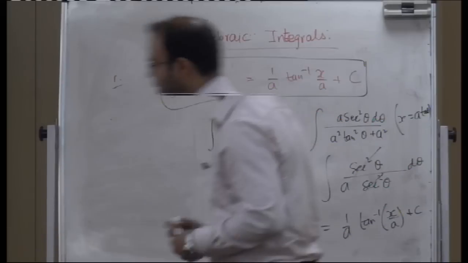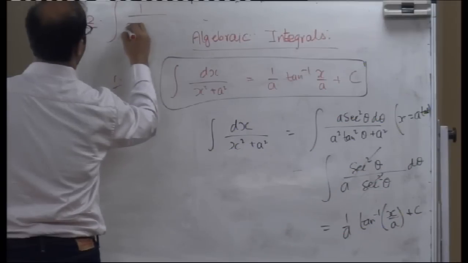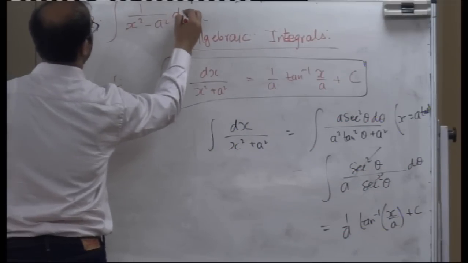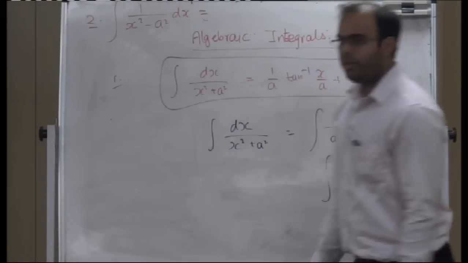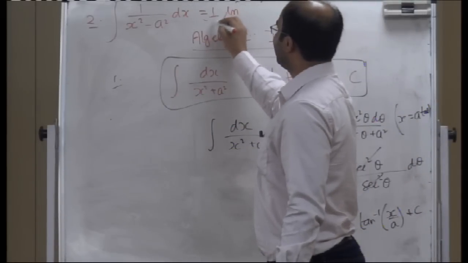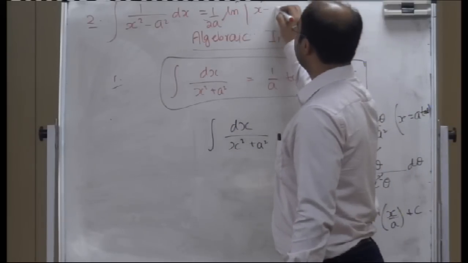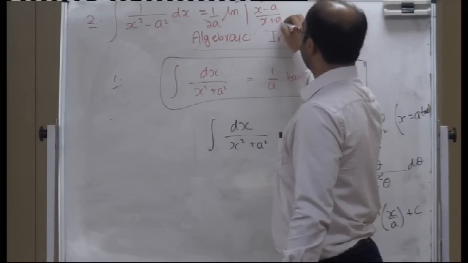Next formula is the integral of 1 by x square minus a square dx. When you derive this formula, you get 1 by 2a outside, and ln of mod of (x minus a) upon (x plus a).